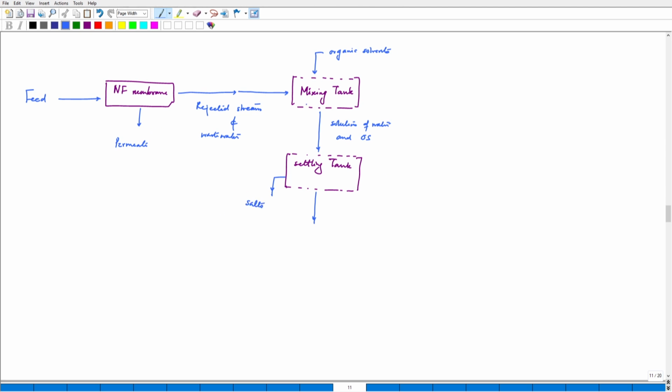Here, after the mixing of organic solvents, we let it move to the settling tank where there is the ejection of salts, and we also have the movement of solution to a vacuum filtration, followed by a distillation unit and a condenser unit.